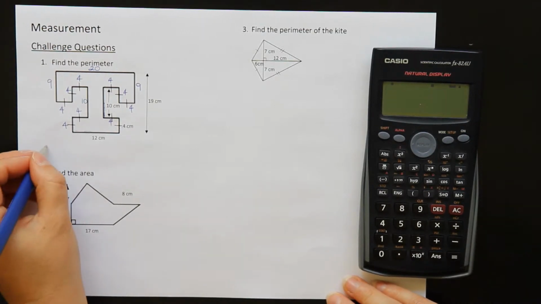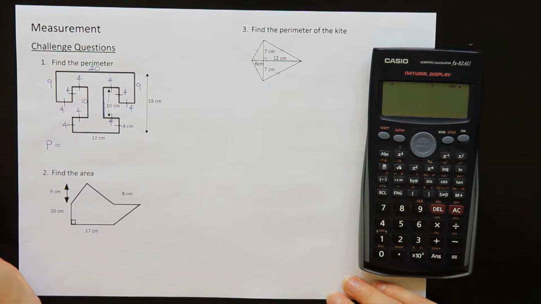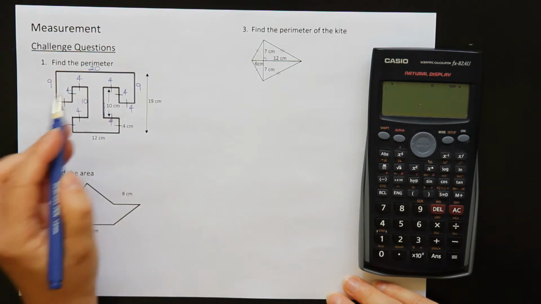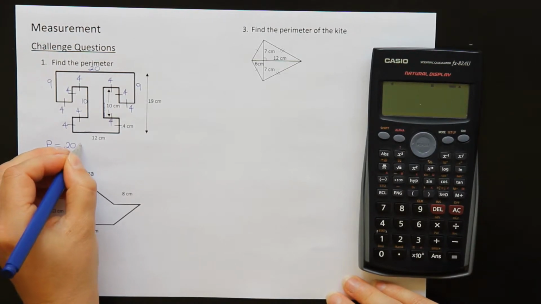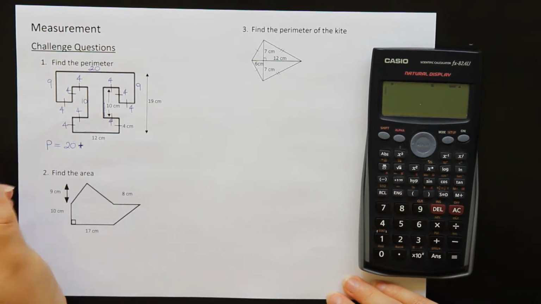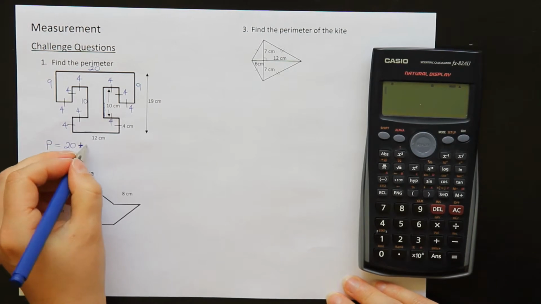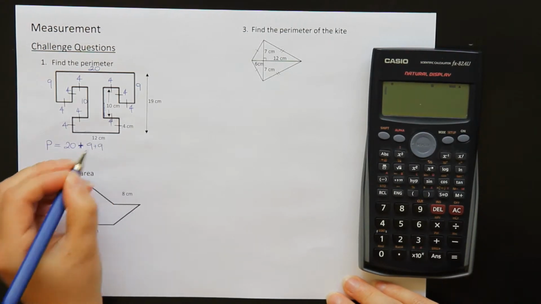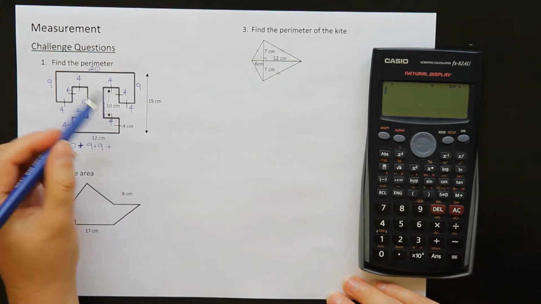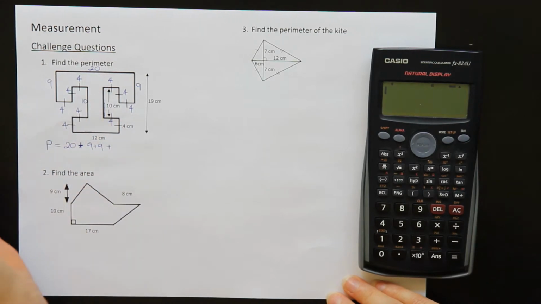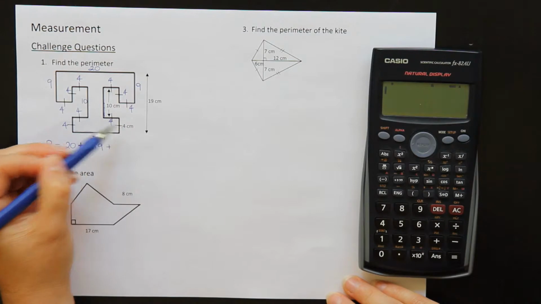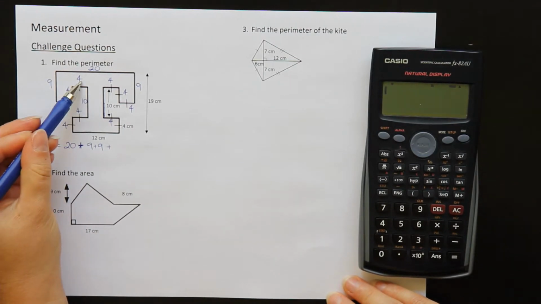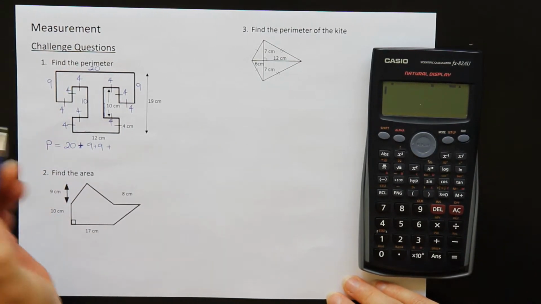So to work out the perimeter, we need to add them all together. Now we have a 20 plus, we have 2 9s here, 9 plus 9, plus, instead of going 4 plus 4 plus 4 so many times, I'm going to say there's 1, 2, 3, 4, 5, 6, 7, 8, 9, 10 4s.